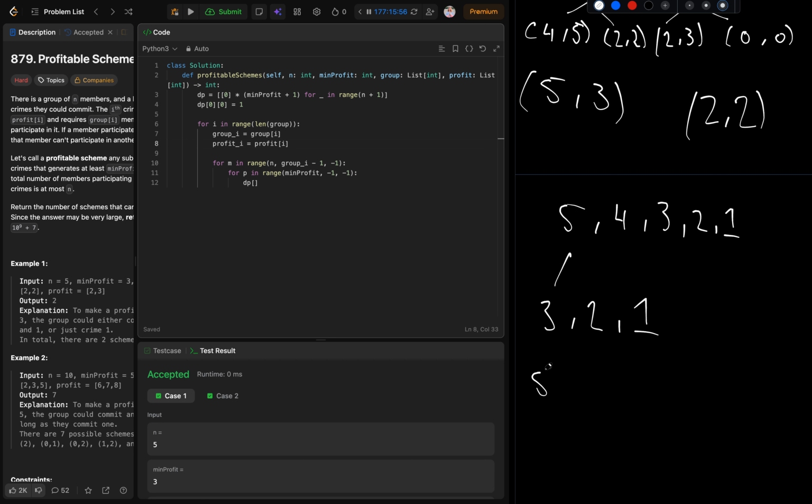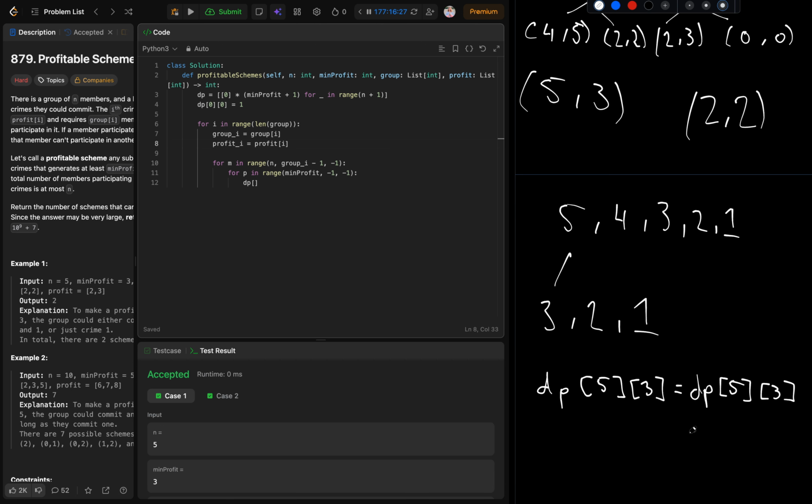So let's say we're at 5, 3, right? Well, to get to 5, 3, we want to save the amount of ways we got to 5, 3. So dp 5, 3. Well, that's equal to the current amount that we have, right? We don't want to lose that.